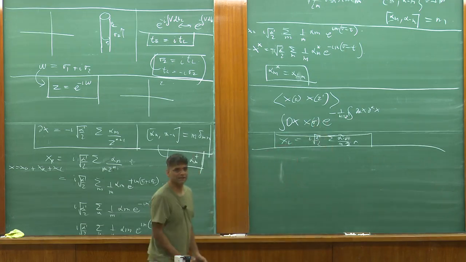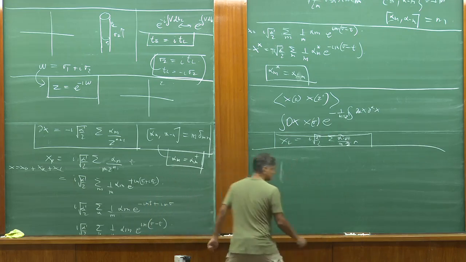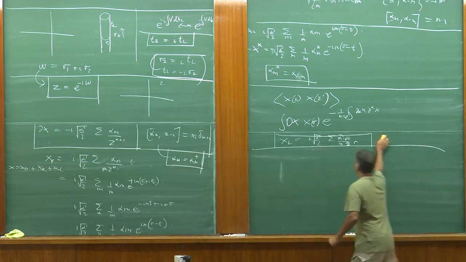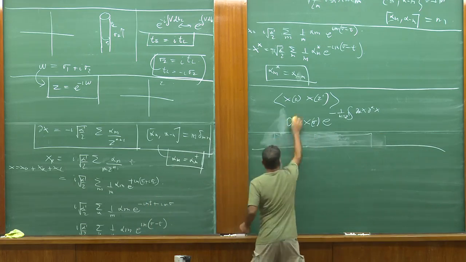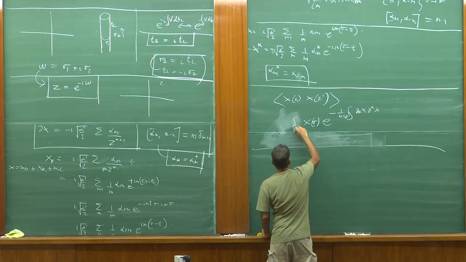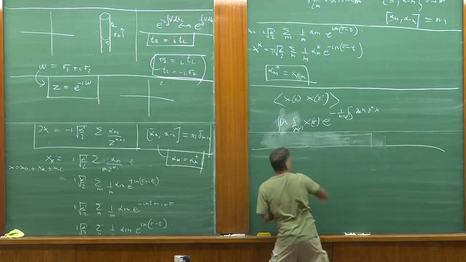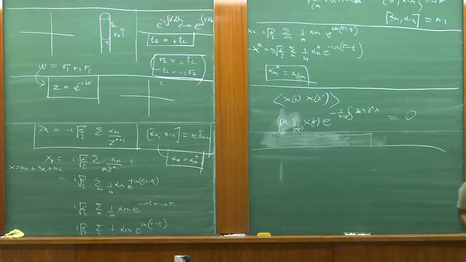And then I do the following. I notice that if I do del by del x of sigma prime of the path integral over dx, this is equal to 0.